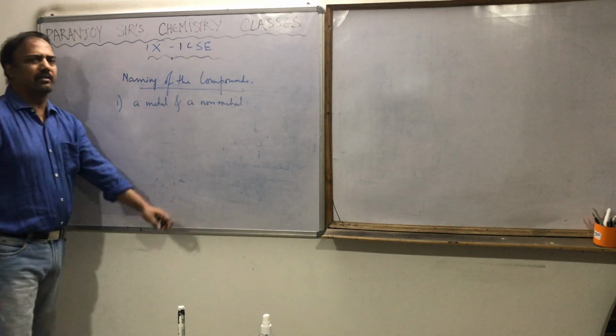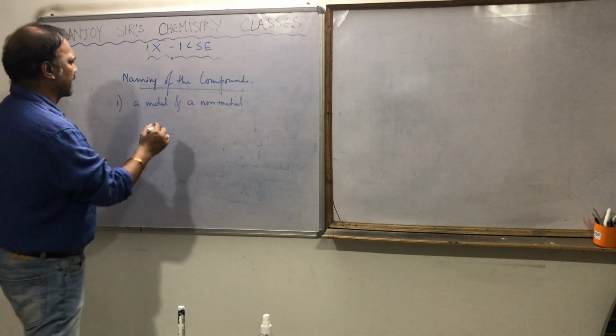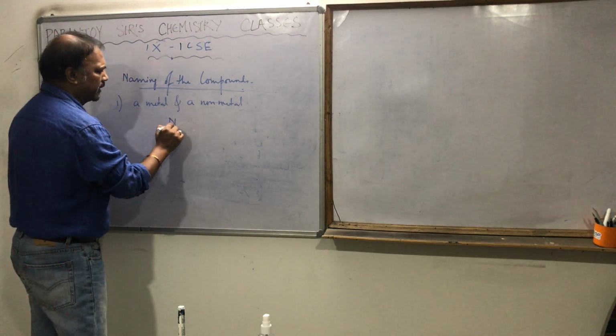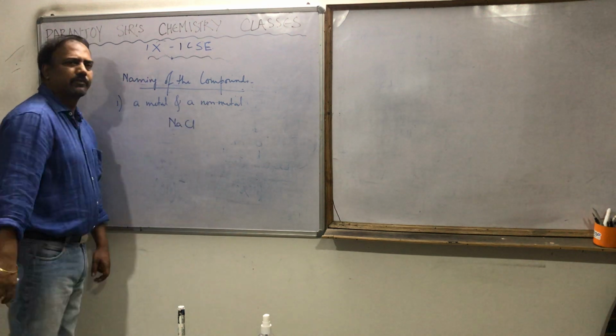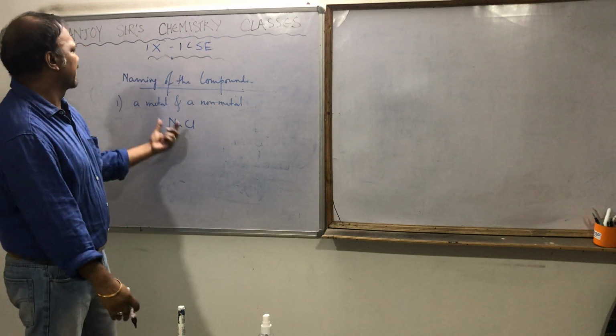If they are reacting, any example, suppose I am taking a metal Na and a non-metal Cl. I am just taking one example and I will ask you one example, you can very easily say.